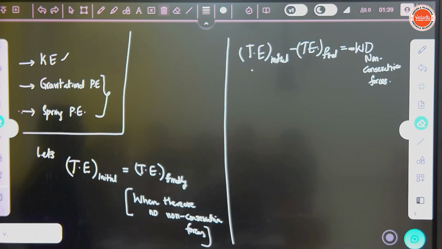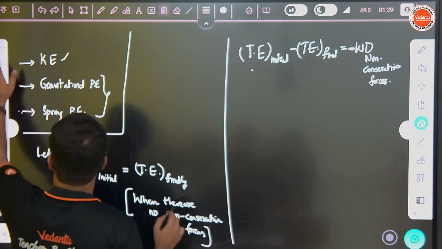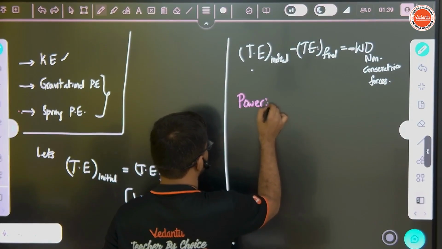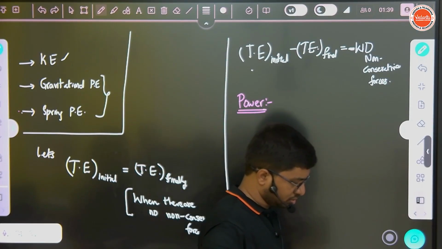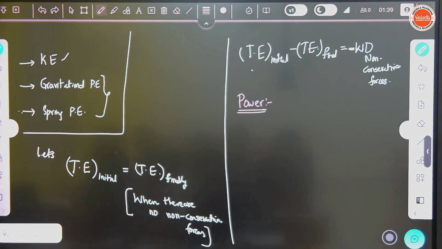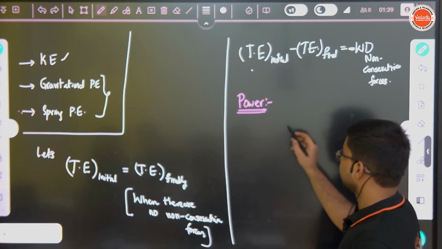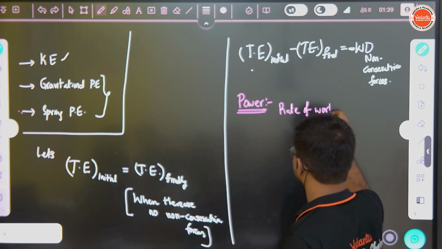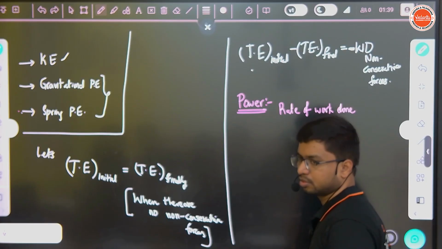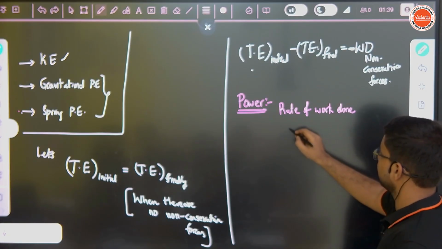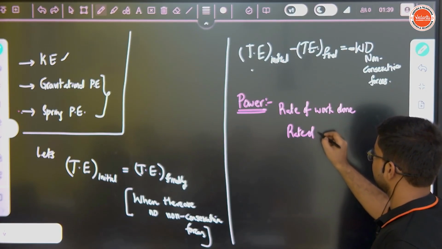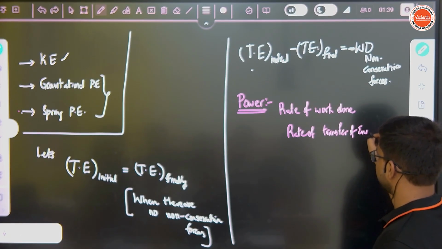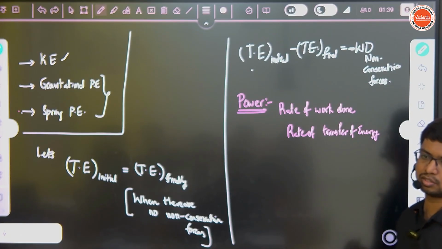Understood, right? Then coming to the definition of power, the last term. How do we define power? Can I say it as a rate of work done, or rate of transfer of energy?